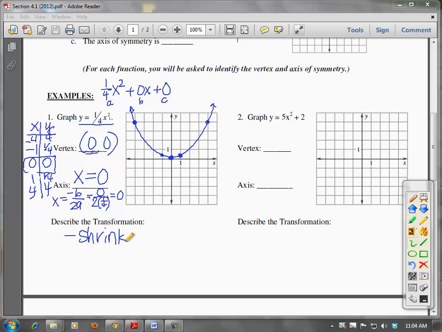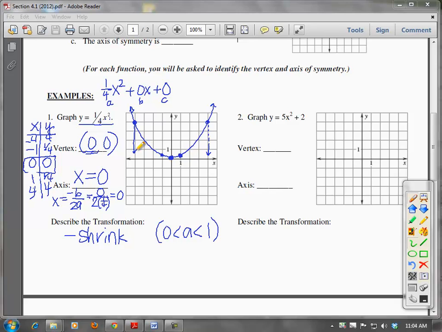And a shrink occurs when the value of a is between 0 and 1. It's 1/4, 0.25. What I mean by shrink is I'm taking these points and moving them closer to the x-axis, so it's widening itself as it goes.